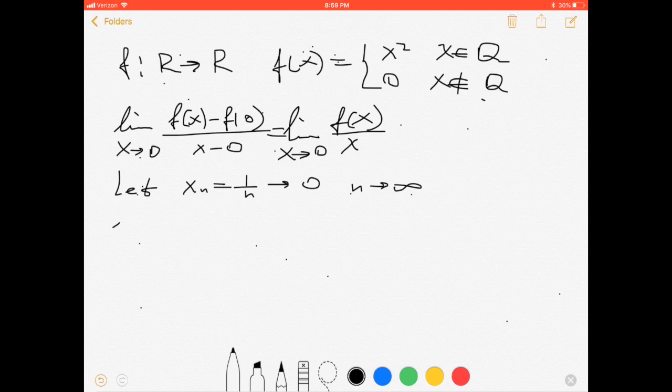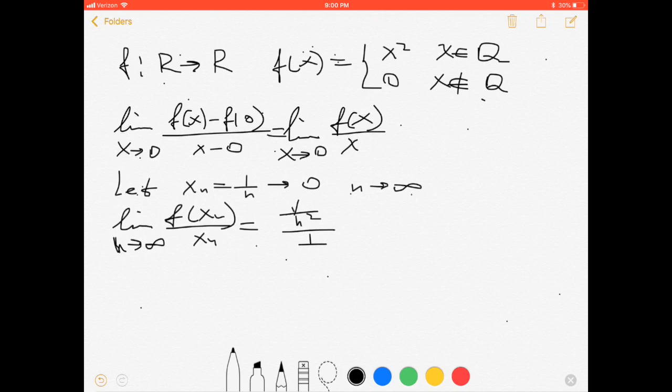This means we have the limit of f(x_n) over x_n, which is 1 over n squared divided by 1 over n, as n approaches infinity. This is the limit of 1 over n, which is 0.